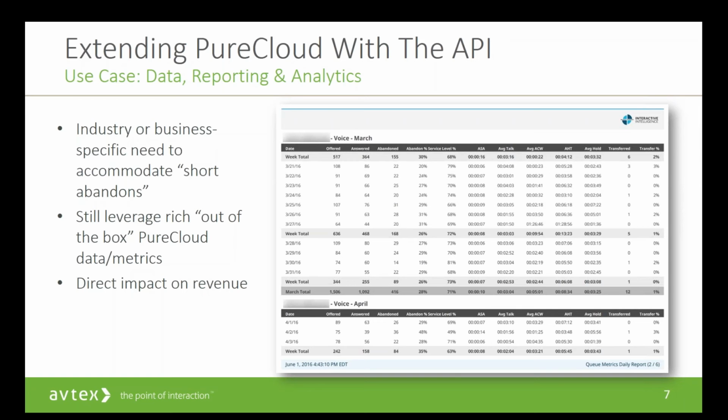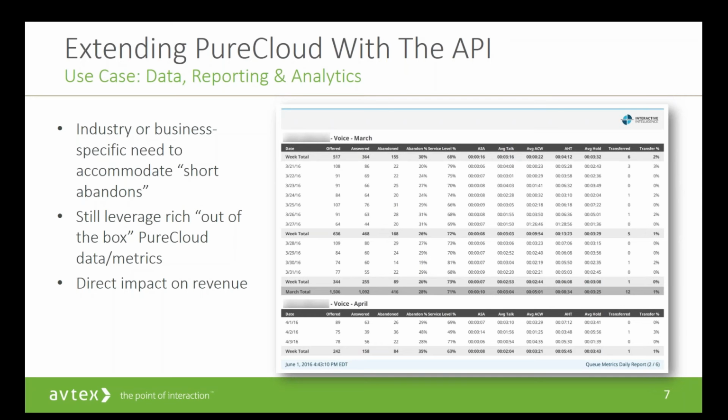Perhaps a different work group B, based upon the call routing, they could sustain a short abandon of 7 seconds, as an example. And as you see here, this is an actual core PureCloud report with abandon percentages running anywhere from 19 to upwards of 31%.